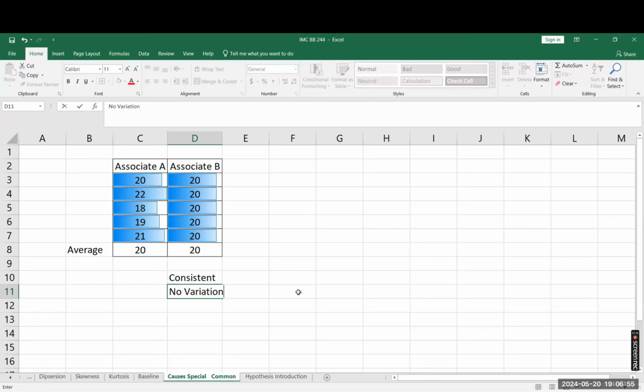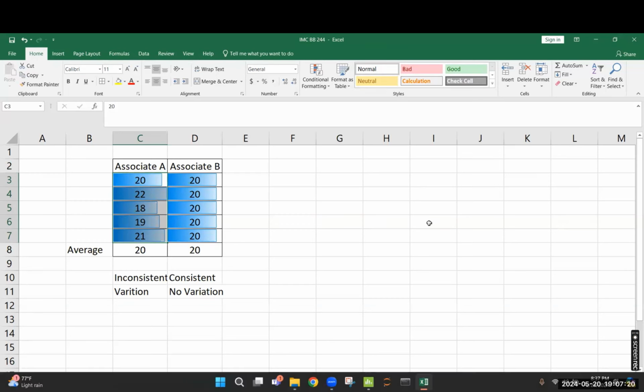But here in this data, you see that this is consistent with no variation, and this is inconsistent and there is a variation. But this variation is very little, as you can expect this much variation in a process. Sometimes this level of consistency every time we cannot bring into the data.